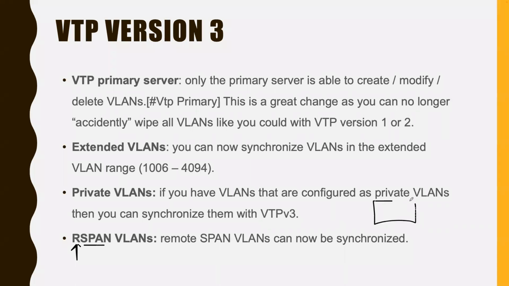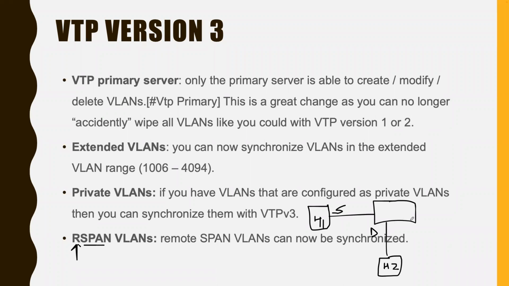For example, this is a switch, and in one of the VLANs, let's say this is your source and this is your destination. There is a source device communicating with this destination device, and you want to sniff the packets, to see what communication is being done between the source and destination.